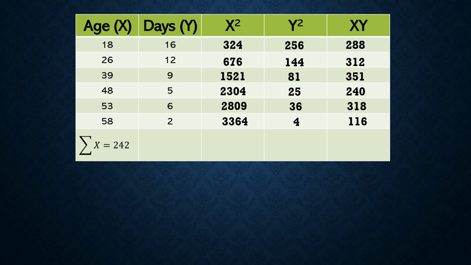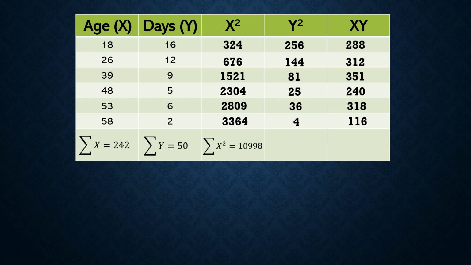Now let's add the y column. 16 plus 12 plus 9 plus 5 plus 6 plus 2, we have summation of y, which is equal to 50. For summation of x squared, you will be using the same format. You're going to add all the values for x squared.